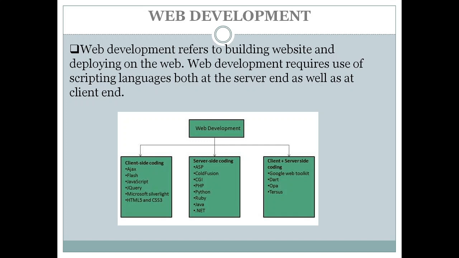Or if a page is sent back to the client, to the browser, and the browser is executing the page on the client side, then we can say it is a client side scripting language. So on that basis we have server side languages like ASP, ColdFusion, CGI, PHP, Python, Ruby, Java and .NET. So these are a few server side scripting languages.